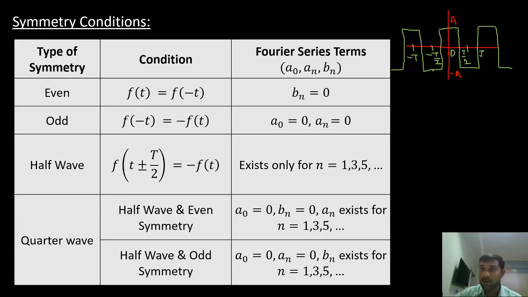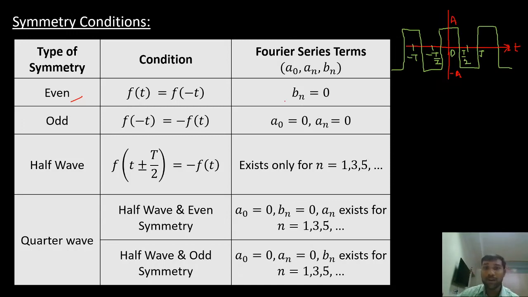At t equal to minus T by 2 also, the value is minus A. So f of T by 2 is equal to f of minus T by 2. Similarly for every other value of t, f of t is equal to f of minus t.